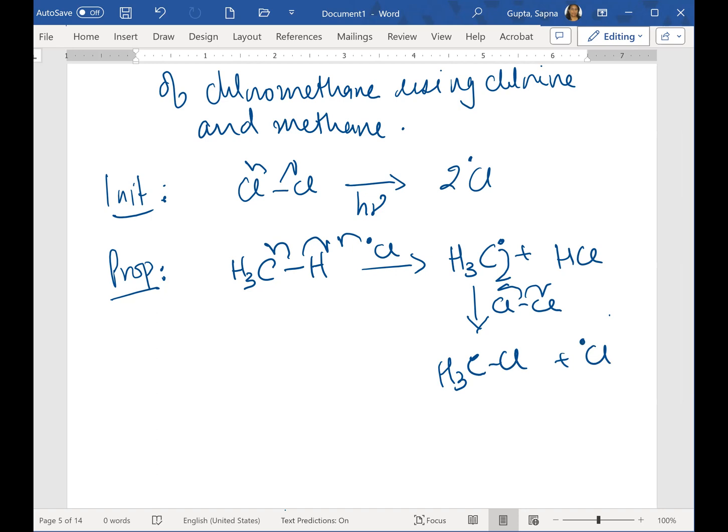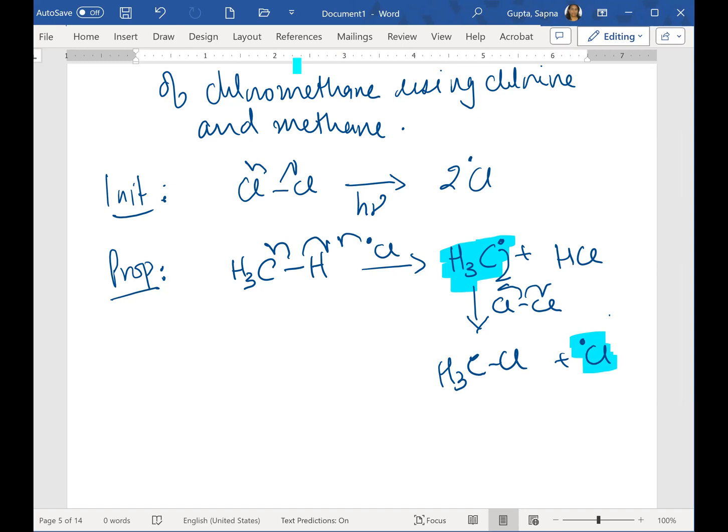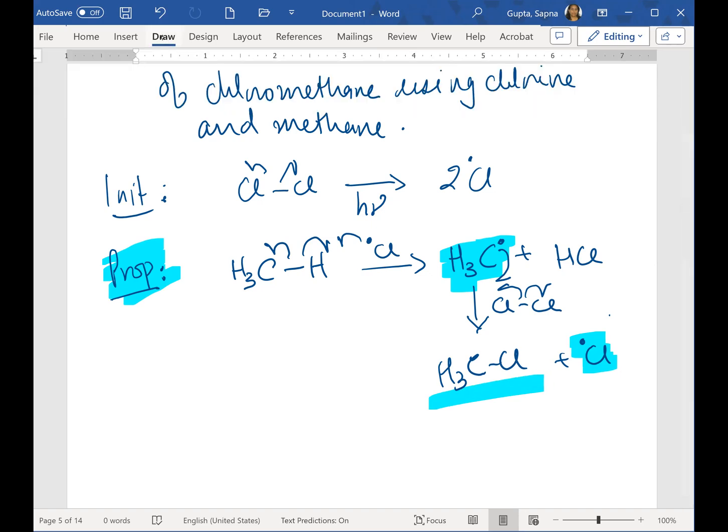Because I'm writing propagation steps, I have to show the radicals. That's the main thing. And I form my product also. So I am all set. Technically speaking, I'm done with the reaction, but I'm not done with the mechanism. I have my product, but my mechanism is not done yet.